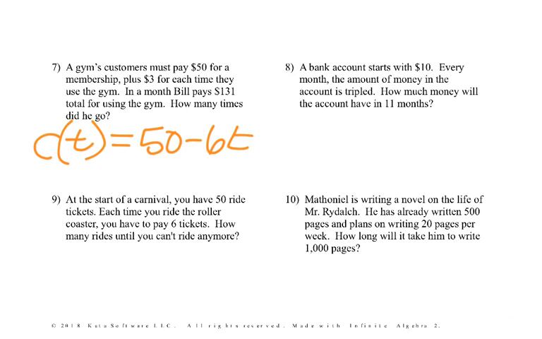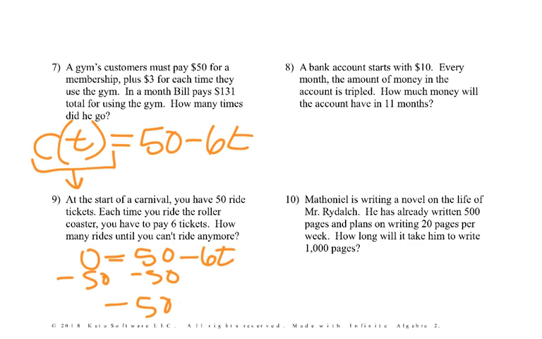So if we think about this, that would mean I would basically have to have no more tickets, right? So this would be my output, and we'd want it to be 0. Okay, so we subtract 50, get negative 50 equals negative 6t, divided by negative 6.